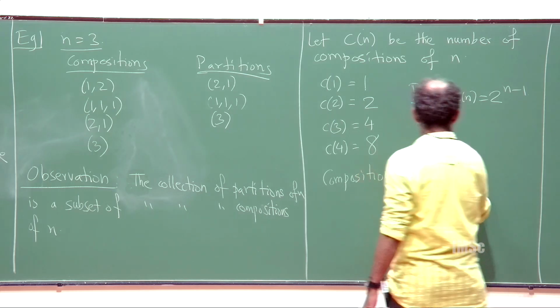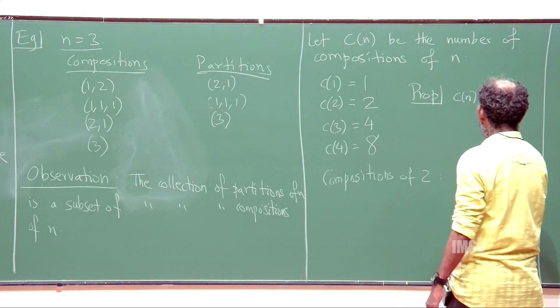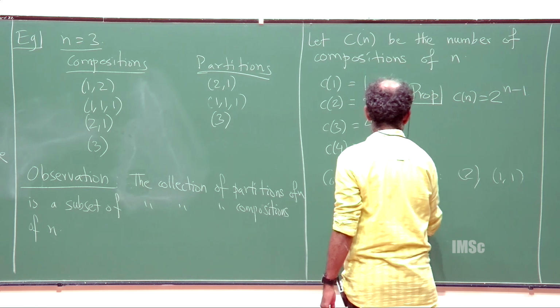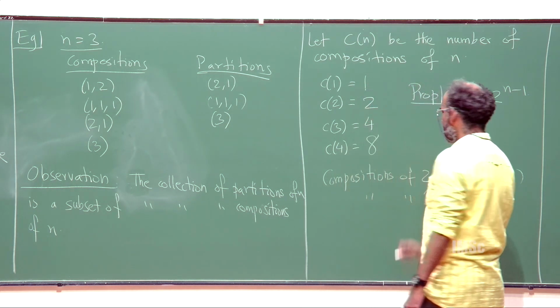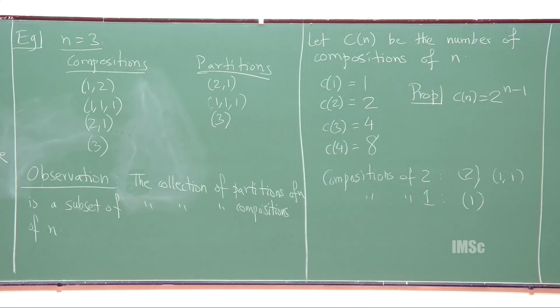Of 2, this is 2 and 1 comma 1. Compositions of 1 is just 1. So one way you can try to come up with a proof is to see how you can build compositions of 3 from compositions of 1 and 2. Can you see how to do that?